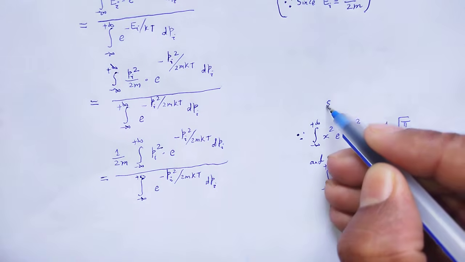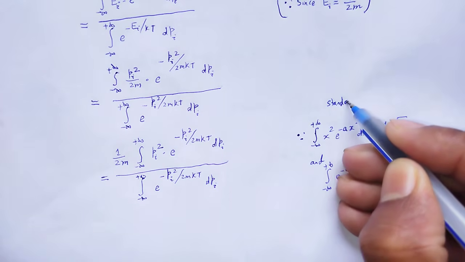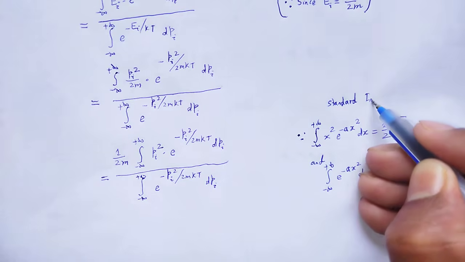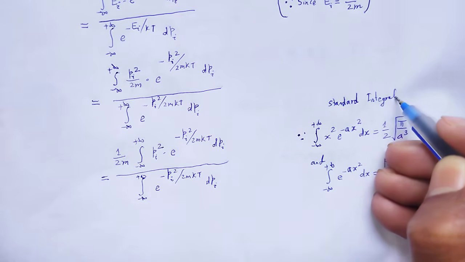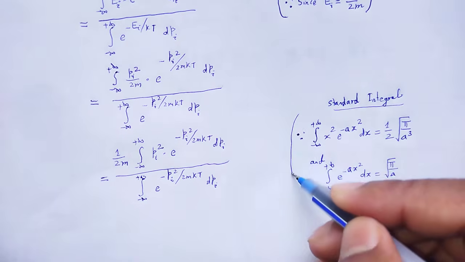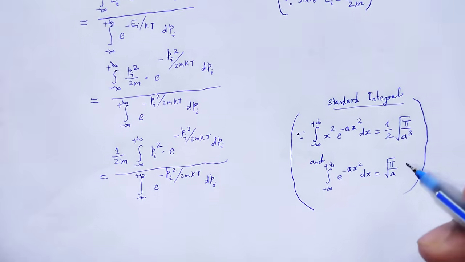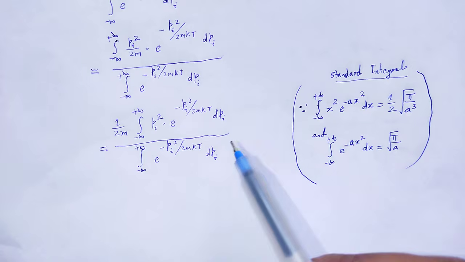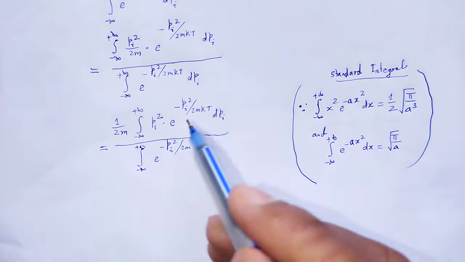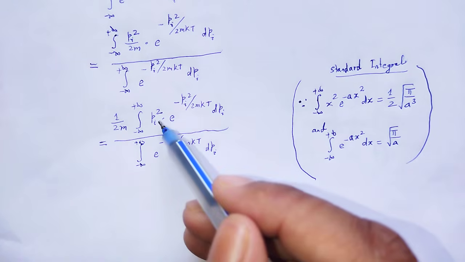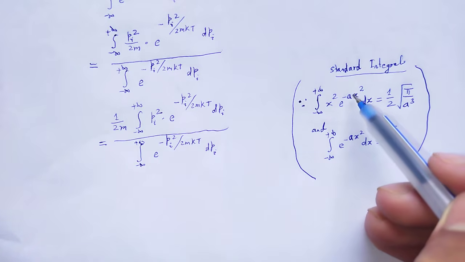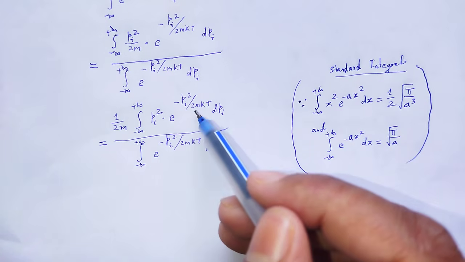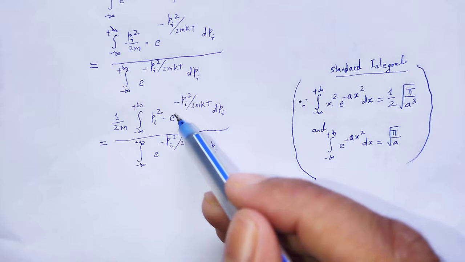These are the standard integrals used to solve these two particular integrals. Look here, x is pi, a is a constant, that is 1 by 2m kt. Now we can use it.